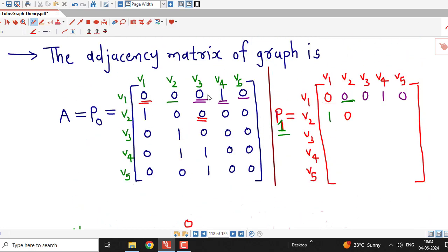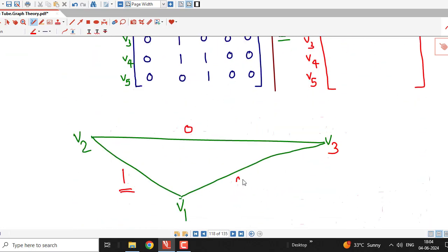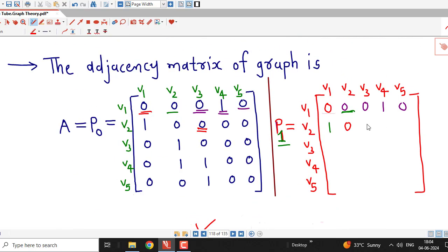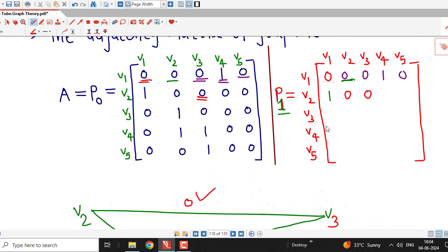From V1 to V3 also I have 0. Now you can see this is 0 or the AND operation between these two. So 1 and 0, that is 1 and 0 will give me 0, so that is 0. So from V2 to V3 also I obtain 0.